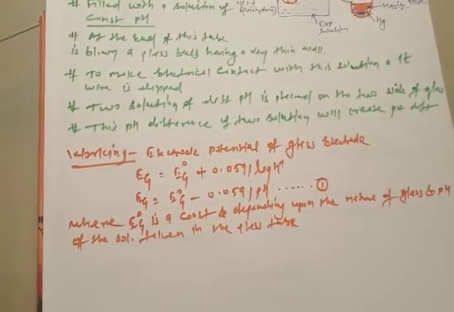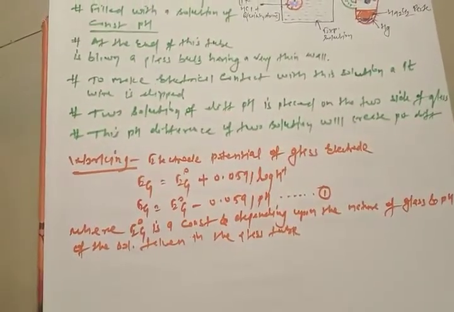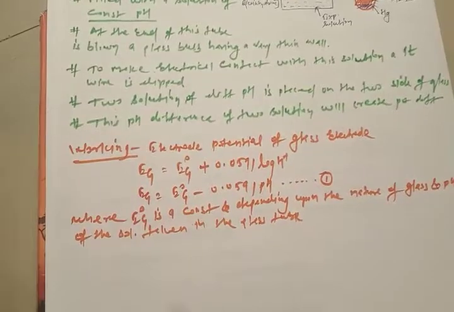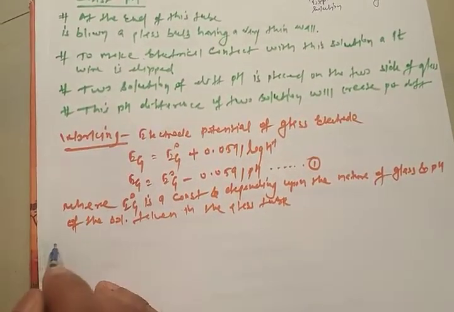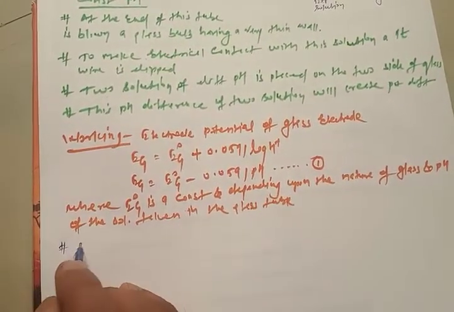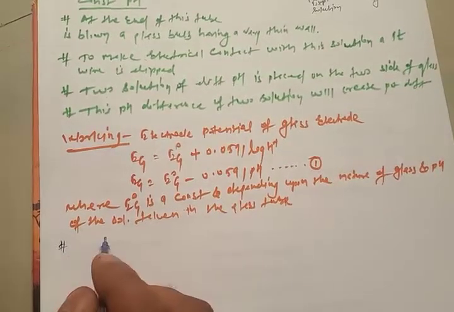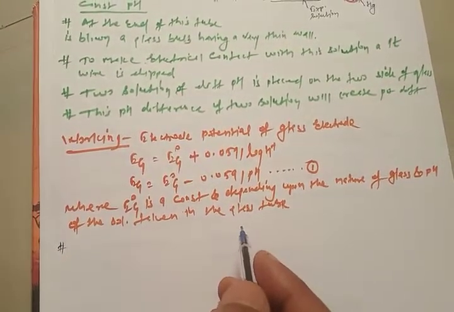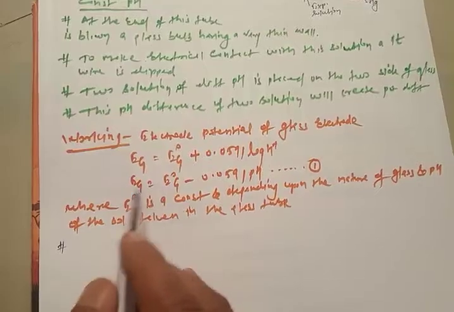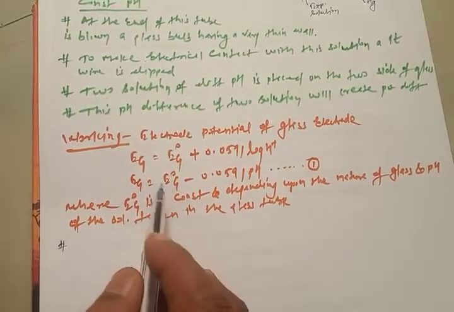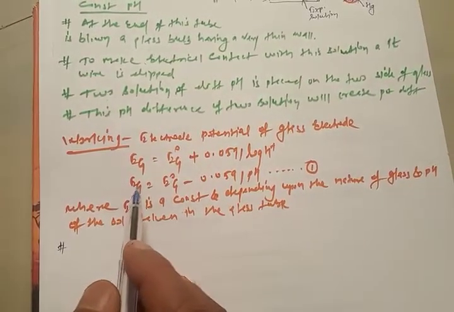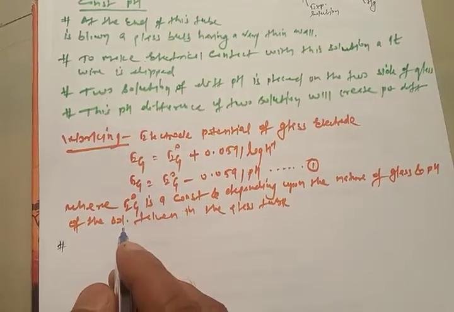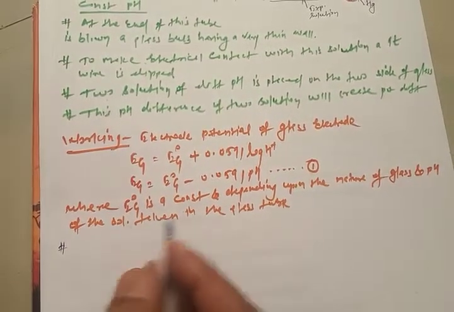Now, as we want to determine the value of E naught G, what is the procedure for that? To determine the value of E naught G for a particular glass electrode, the value of Eg should be known. If you want to know E naught G, the value of Eg should be known, and Eg is the glass electrode potential.